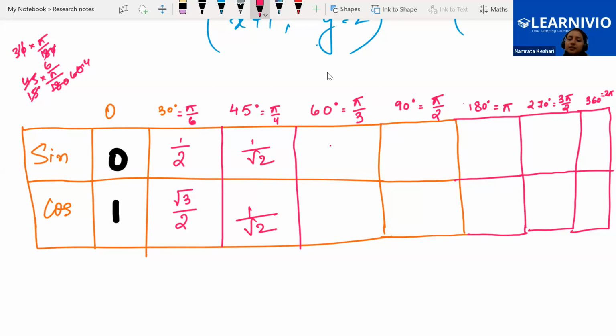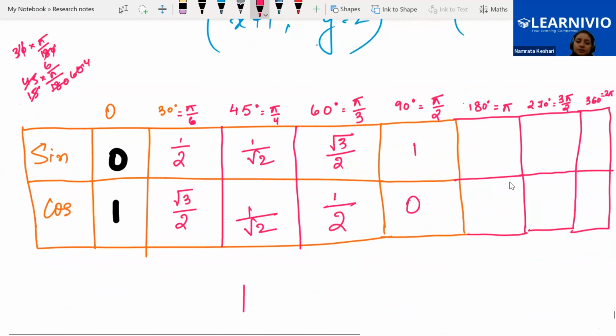What about pi by 3? Root 3 by 2. And this one? 1 by 2. And what about pi by 2? 1, 0. Okay.